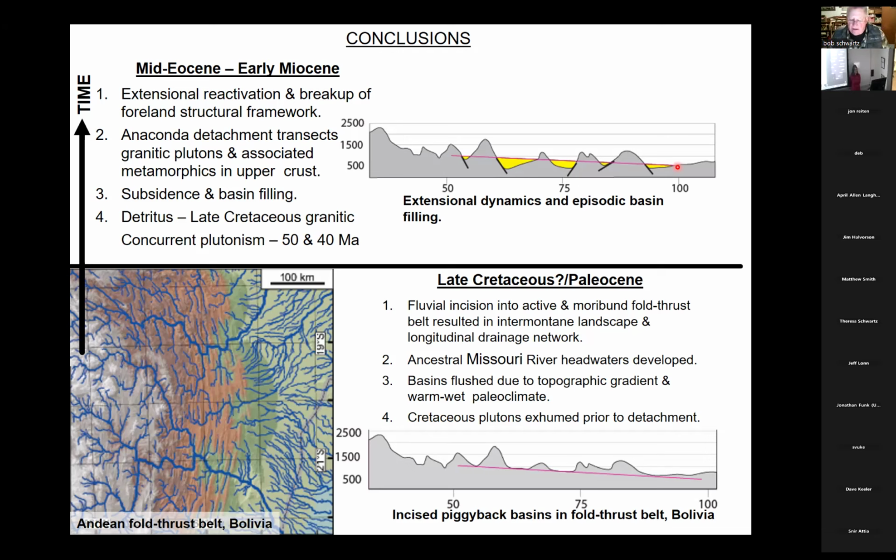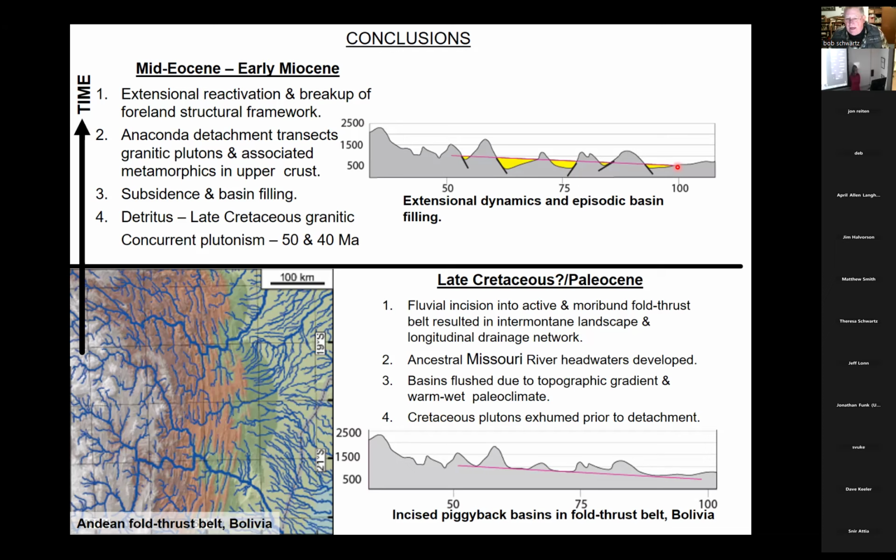And the way I thought about it is you have this unconformity surface, where it's an unconformity, not where it's a structural contact. But let's say it's a fluvially incised surface, as you see in active fold thrust belts today.